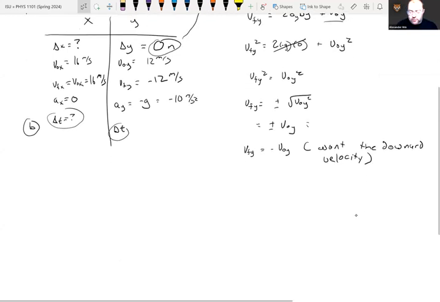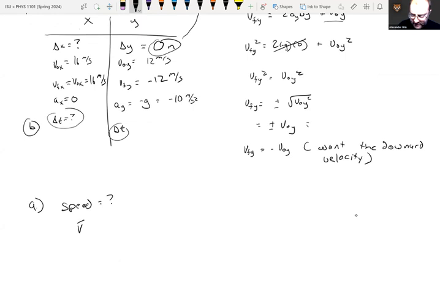Now, what we were asked for in part A is the speed. We might not know what that is, but we have a velocity vector now. The v final vector is 16 for v final of x and negative 12. Well, the speed is just going to be the magnitude of that final velocity vector.